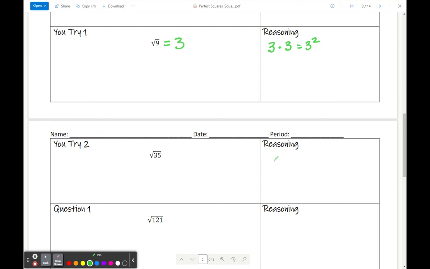There is no perfect square that will equal 35, but you probably remembered that 6 squared is equal to 36, which is close. 5 squared would be 25, so it would be between these two. So this would be an estimated 5, probably 5 and 9/10.